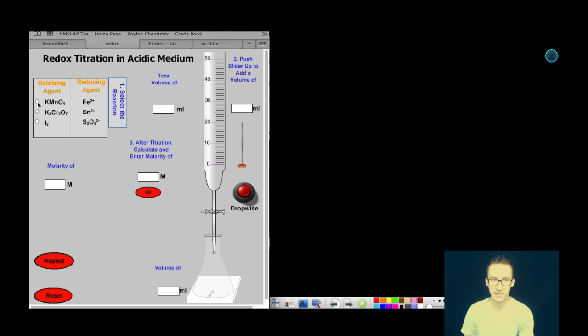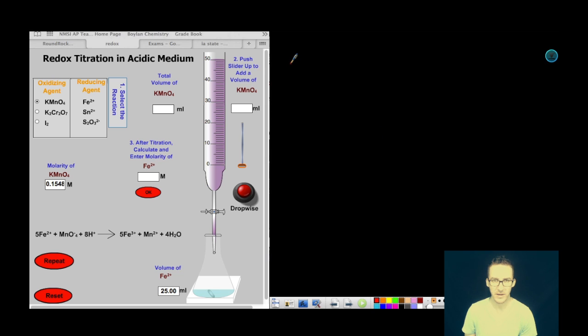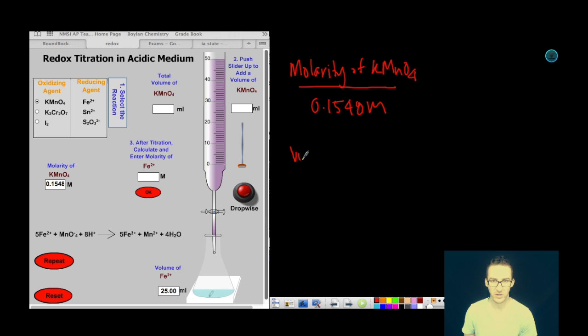So as we take a look here, there are some things we're going to make note of on the other side of our paper. The molarity of the KMnO4 is 0.1548 molar. We will ultimately determine the volume of that KMnO4 that we use after the titration is complete.